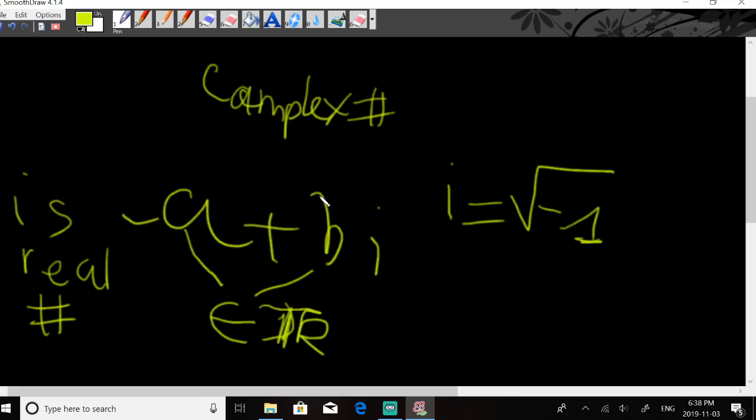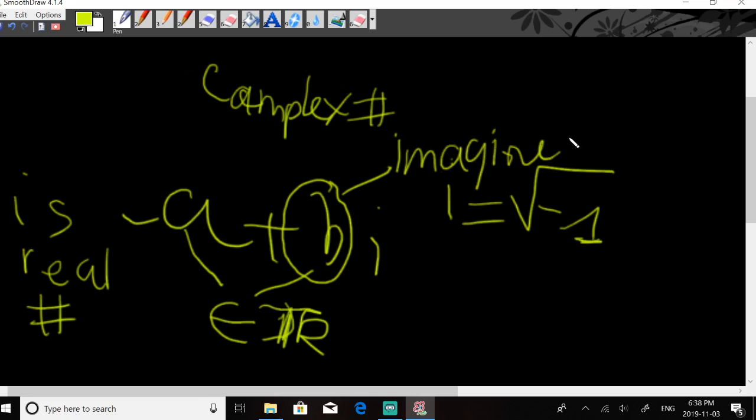So this b is the imaginary number, because b has this i attached to it.